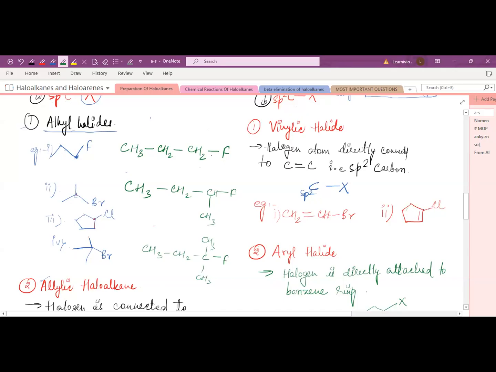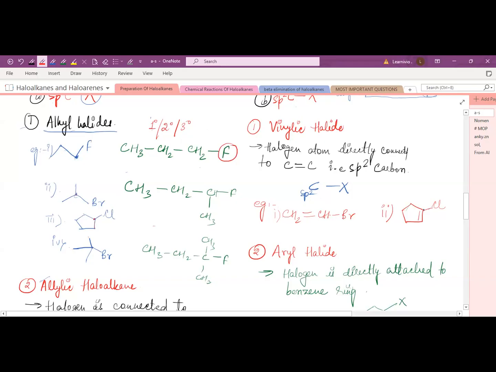Now come to the first one. I'm explaining how to decide whether it's a primary, secondary, or tertiary halide. 1 degree means primary, second degree means secondary, and 3 degree means tertiary, right? Now for primary, you first check the halogen group; fluorine is a halogen, right?